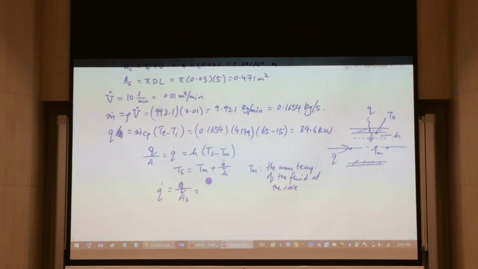And we found out that Q is 34.6 divided by that surface area, which was also something that we found just now, 0.471. Work that out, that will give us 73.46 kilowatt per meter square. So you can see the units there already. Kilowatts per meter square. That tells me that that is my heat flux. That's the definition of heat flux.